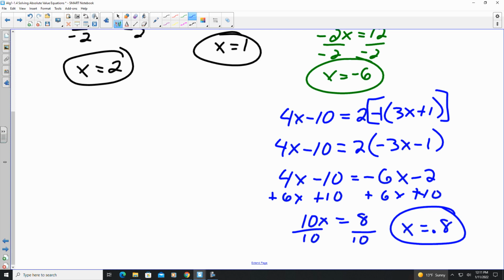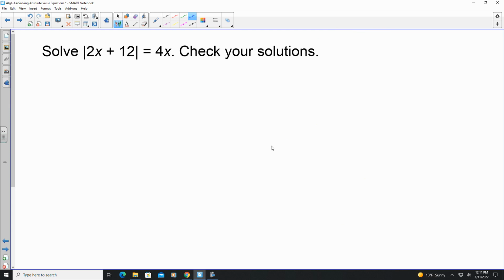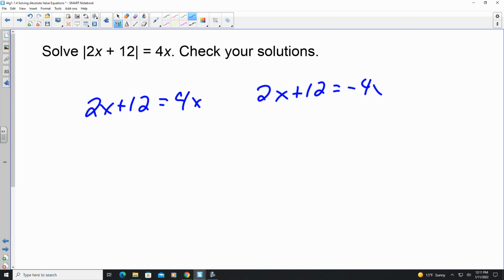All right, so now if I go over here, in this particular example, we have the absolute value of 2x plus 12 is equal to 4x. Because I only have one side of it, I just have to rewrite it as 2x plus 12 is equal to positive 4x, and 2x plus 12 is equal to negative 4x.